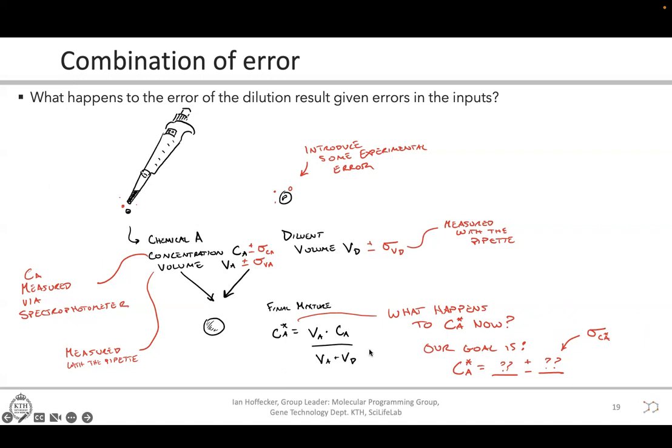What we want to know is what's the calculated concentration after this dilution. So we have these different volumes, we have this concentration, and we want to be able to produce this confidence interval statement here, that the true concentration after the dilution lies within some range.